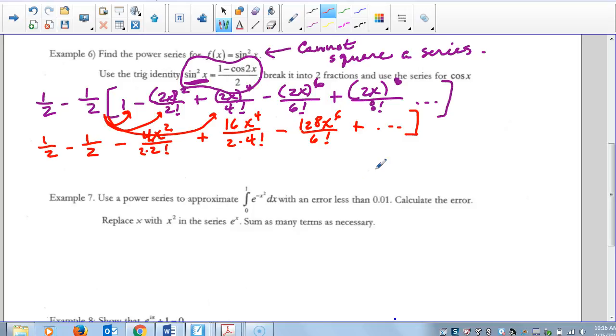And so if I'm doing that in general, I'm going to have 1/2 minus 1/2 times the sum from 0 to infinity of -1 to the n, 2x to the 2n, all over 2 times 2n factorial.